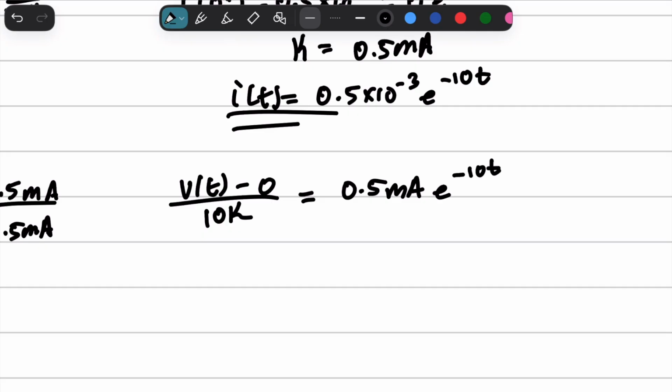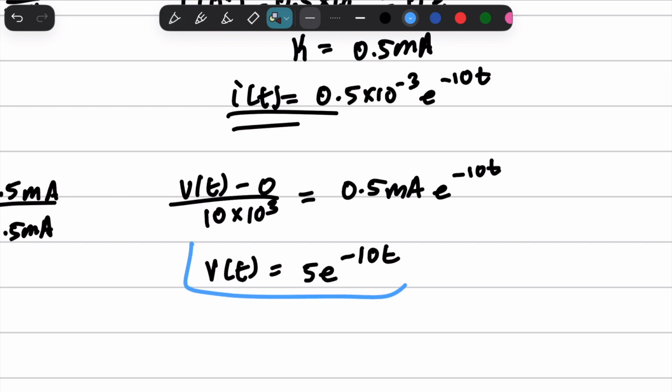Okay? And remember, this is 10 times 10 to the 3. And so we're going to get V of t, and 10 times 10 to the 3 times 0.5 milliamps is simply 5 e to the negative 10t. And just like that, we get the same answer.